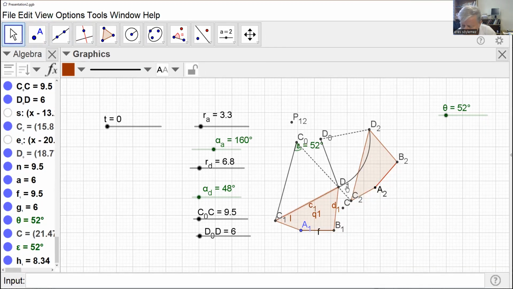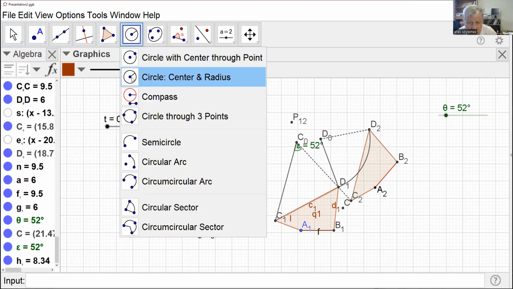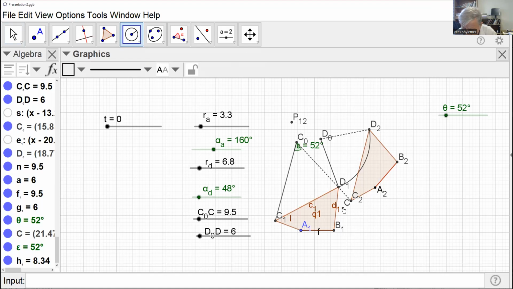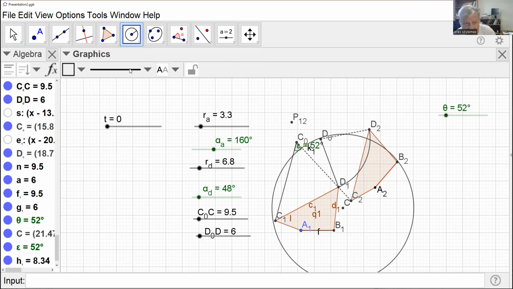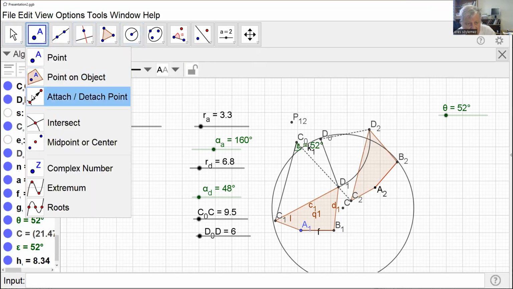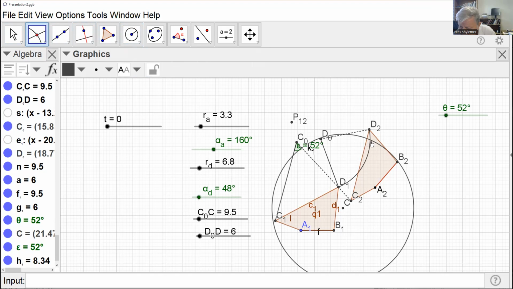Yes, C1. I'm sorry. Okay. C-1 is the length of C1, CD. This is the point of intersection.